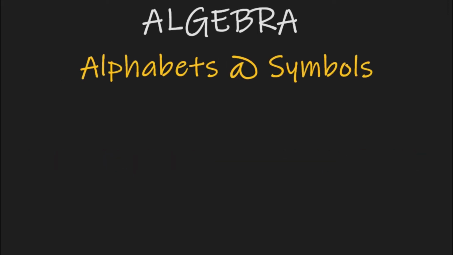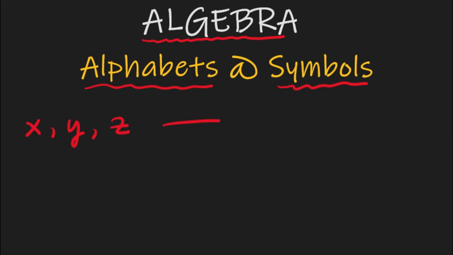As we know, algebra is an area in mathematics that is traditionally well known for using alphabets and symbols to represent various numbers. We are going to use the ending part of the alphabet, for example X, Y, and Z, to represent variables.